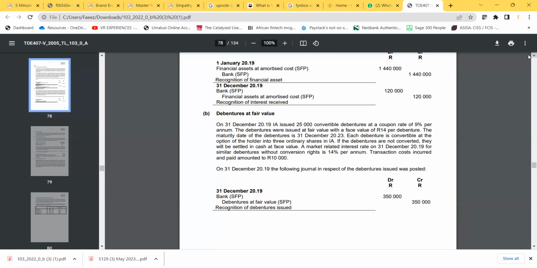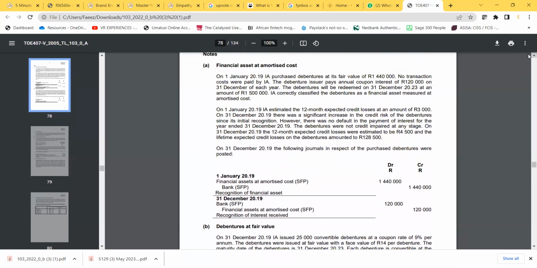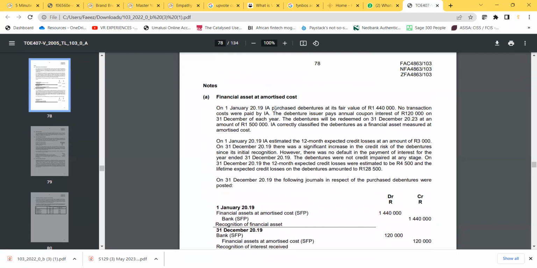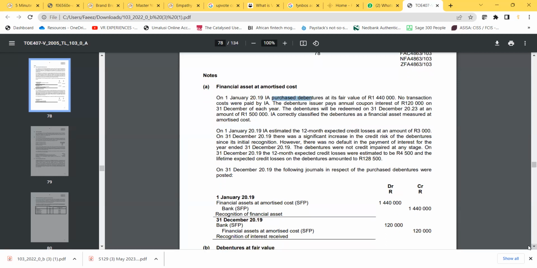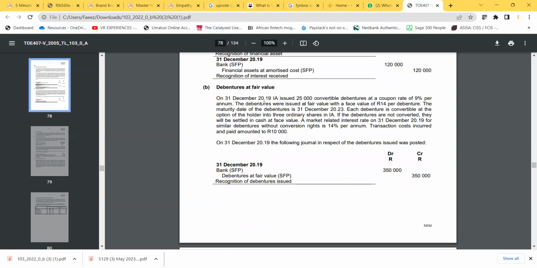It's when you issue. In note number A, we purchased debentures, so that makes it an investment for us, which makes it an asset. Over here, we are issuing convertible debentures.